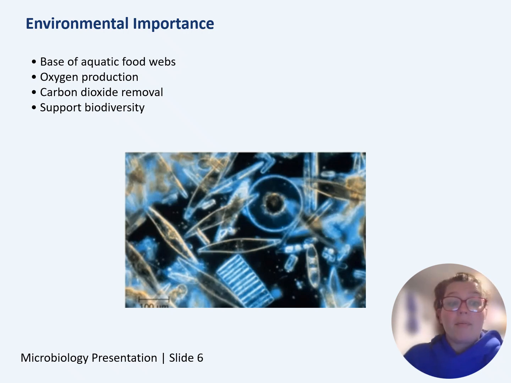Diatoms also remove a significant amount of carbon dioxide from the atmosphere through photosynthesis, which helps regulate Earth's climate and contributes a lot to carbon cycling. Their oxygen production supports both aquatic and terrestrial life. Without them, many aquatic systems would collapse and oxygen levels would be significantly reduced.